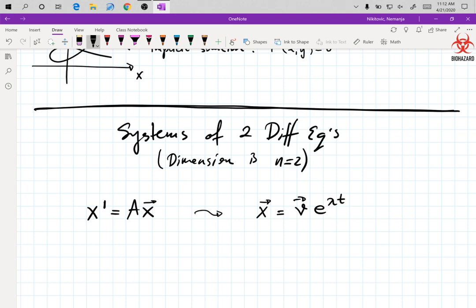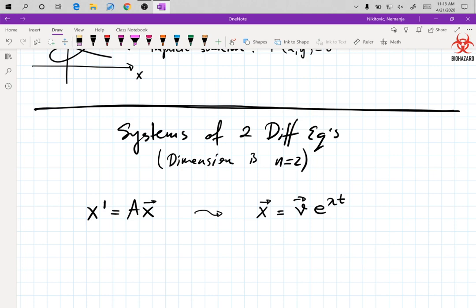And you can have any number of variables in here, but we are focusing on 2. But if you want to have 17 equations, you can have 17 equations. This would be your 17 by 17 matrix. So we don't want that.